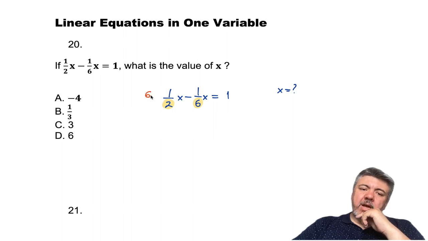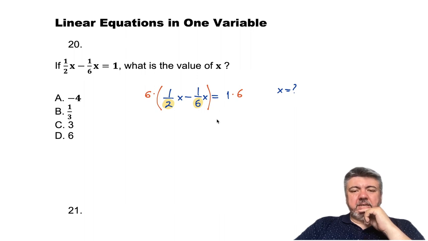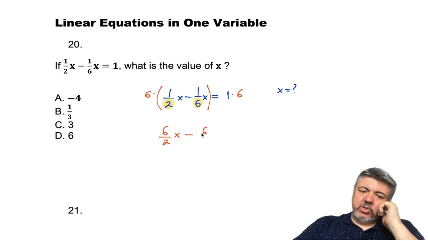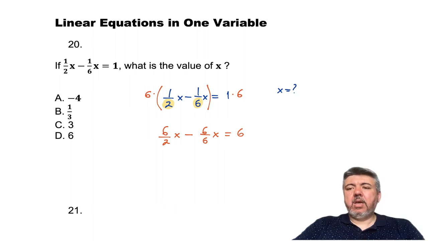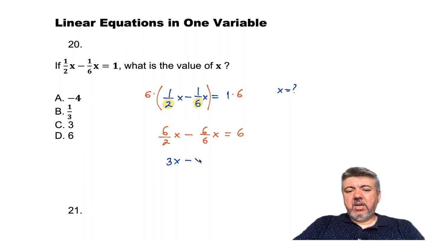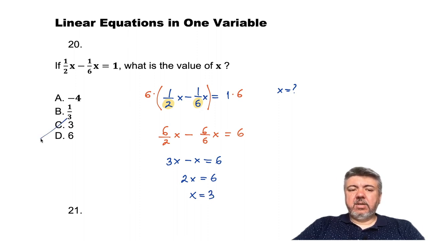So I will multiply by 6 on both sides. It's going to be 6 over 2x minus 6 over 6x equals 6. What next? It's 3x here and x here, equal to 6. 2x equals 6, and x equals, divide by 2, 3. 3 is the answer.